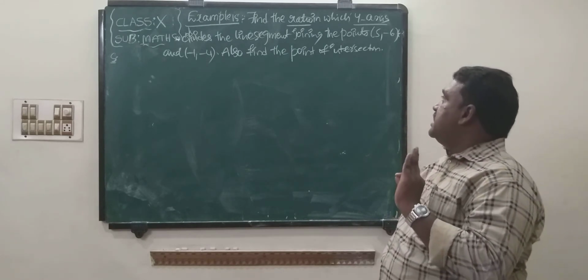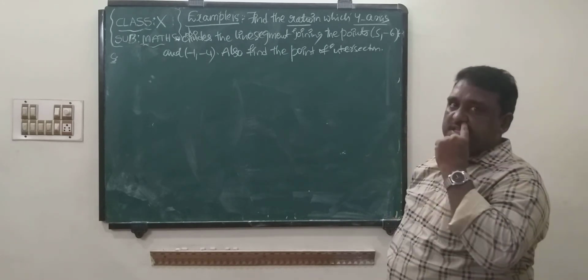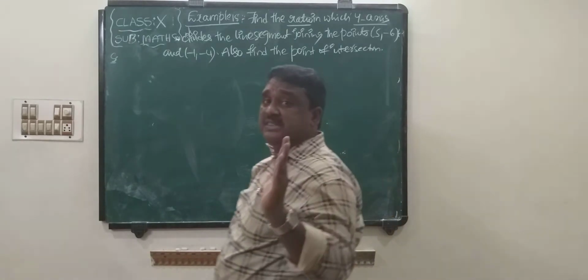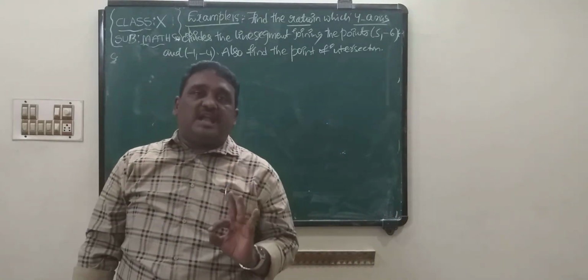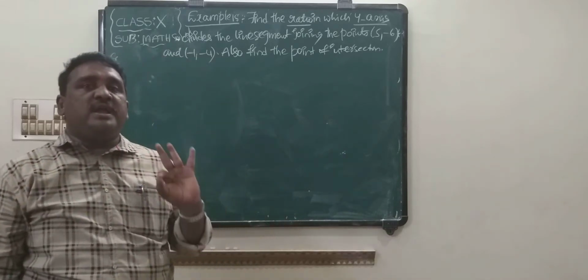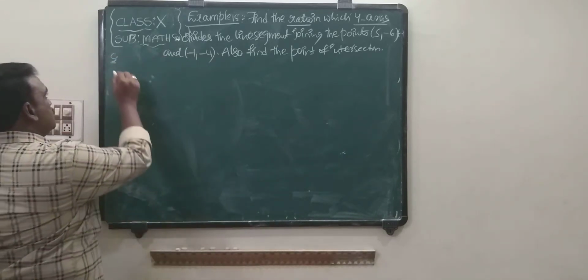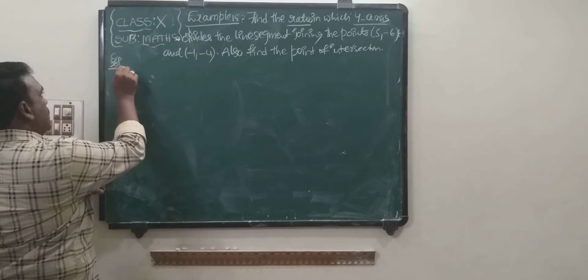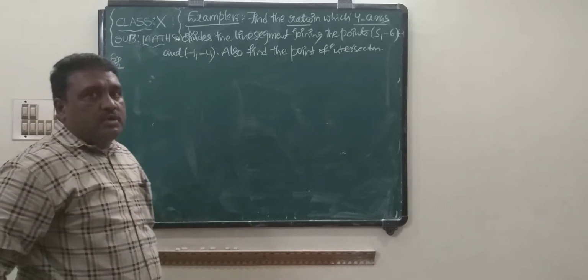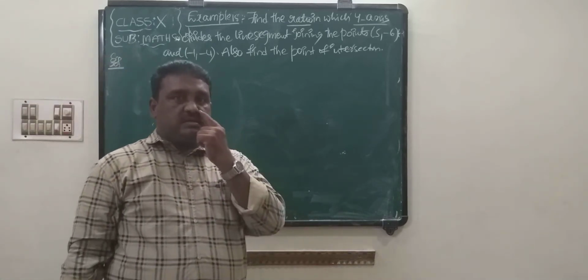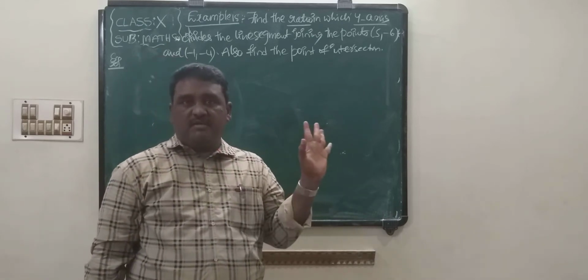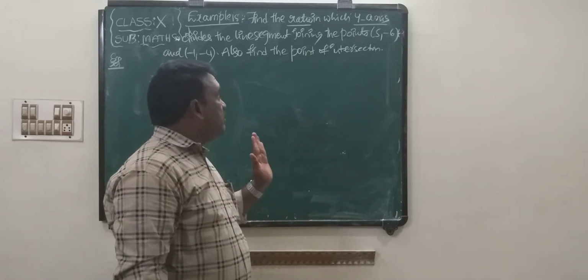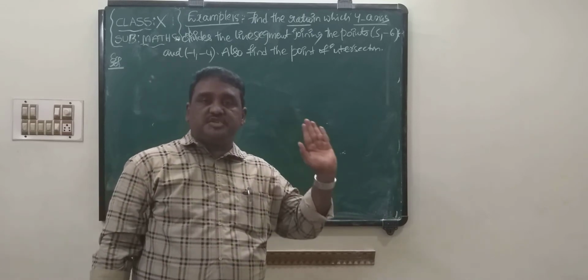Also find the point of intersection. So two parts here. First part, find the ratio. Second part, find the point of intersection. First part, ratio means ratio formula, very clear to you. Second one, point of intersection.